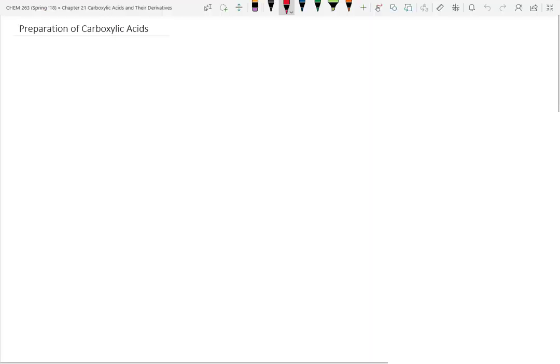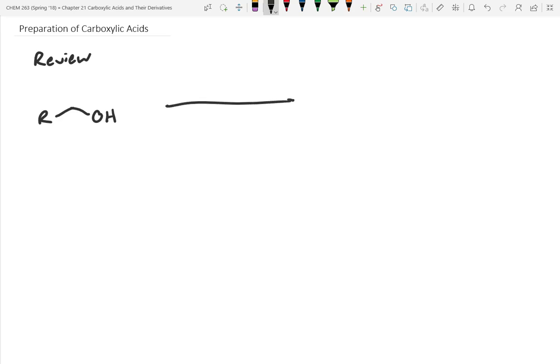Okay, so now we've got to review preparation of carboxylic acids, and a lot of this will be reviewed from second term. So let's do a little bit of review, and I want you to help me remember the reagents. So let's say I've got a primary alcohol and I want to make a carboxylic acid. What reagent should I use to form a carboxylic acid from a primary alcohol?